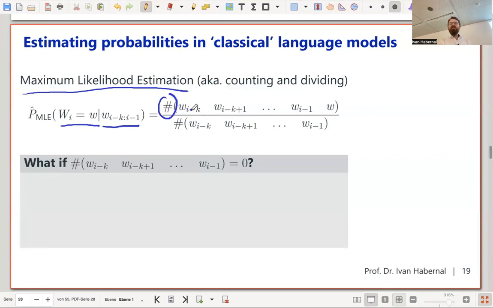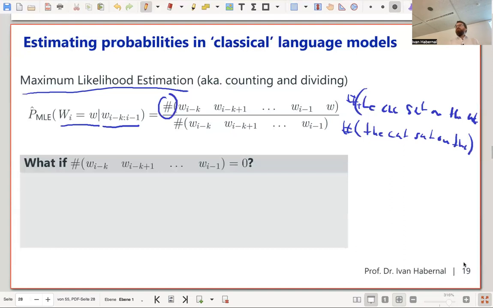How many times do you see the whole sequence in your data, divided by how many times you see the cat sat on the? You just count and divide.